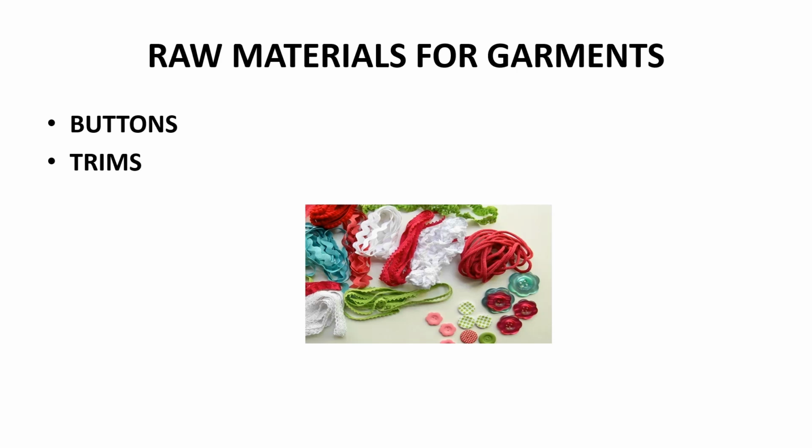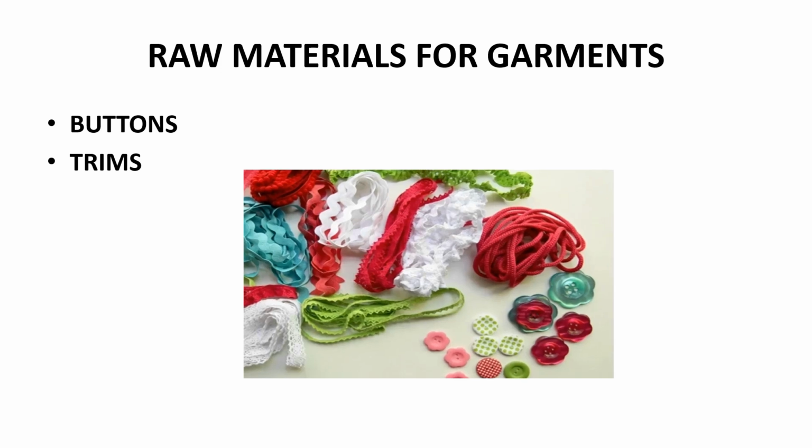So those materials are also key to producing a good quality garment. That's why their quality must be ensured by inspection. You can see in the figure that a lot of such trims and buttons are available which can be attached to the garment, and if they are attached to the garment, they will be subjected to different kinds of inspection procedure.